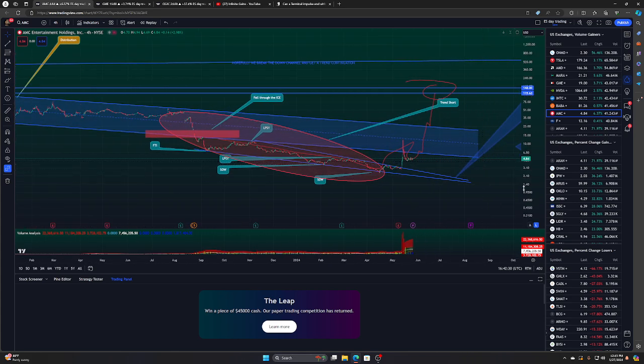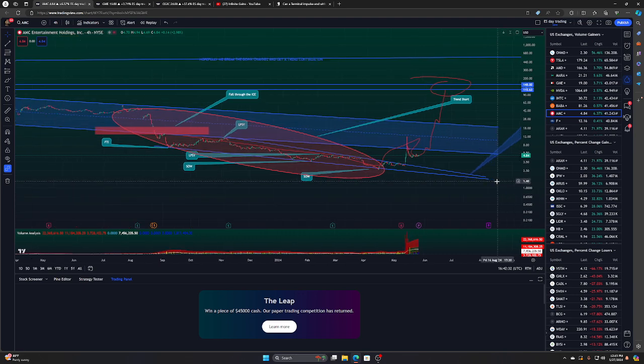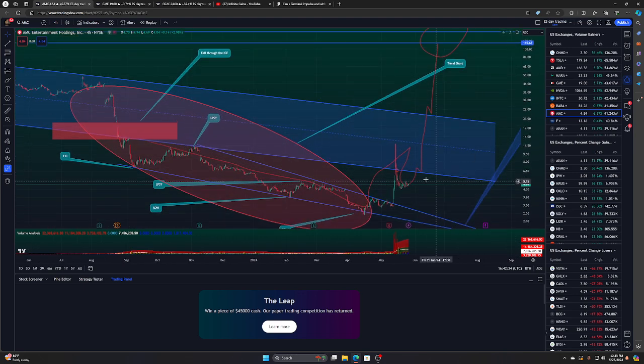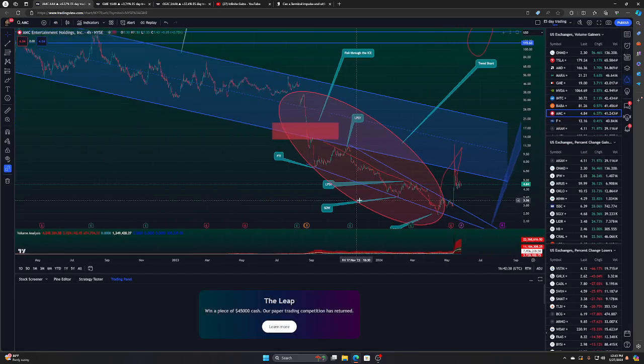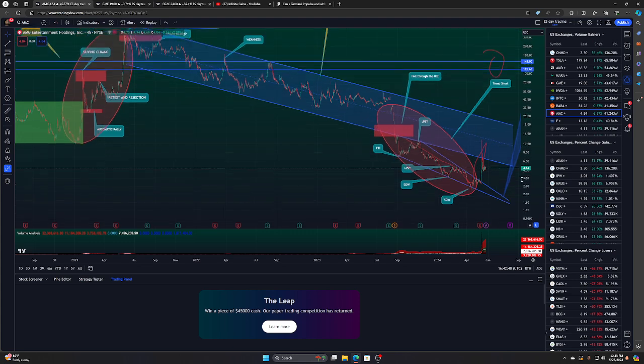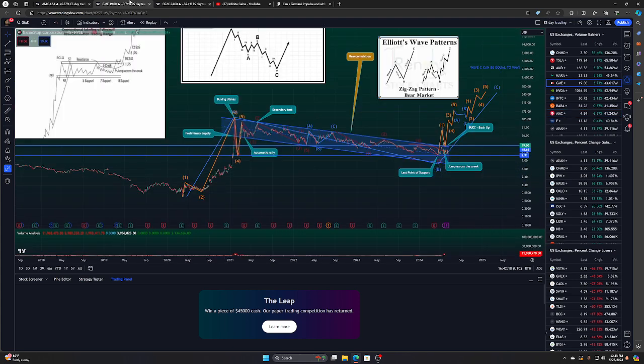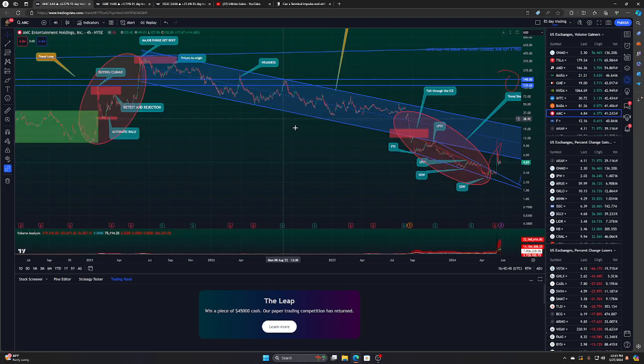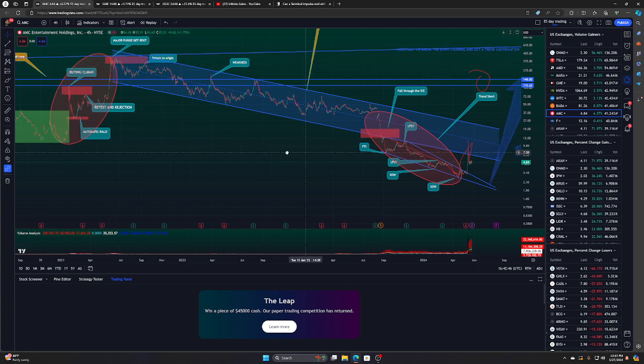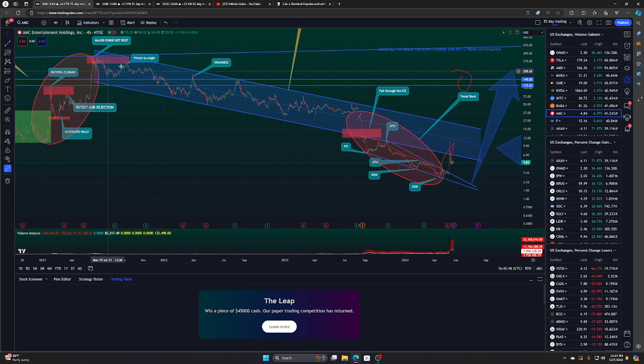Maybe tomorrow I'll give AMC some more love, since it's more complicated for me. GME is fairly easy, but here maybe we have multiple zigzags, so you could have a double or even triple zigzag correction pattern going on within here.